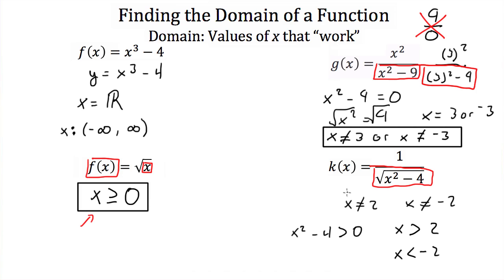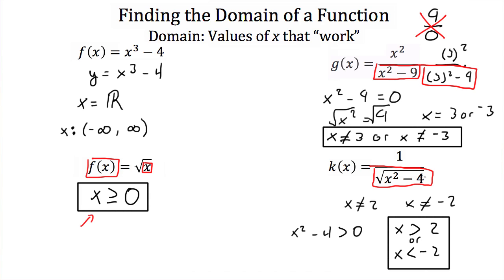Now we already know it cannot equal 2 and it cannot equal negative 2, so these inequalities do not get an equal sign with them. And I would say that my domain then is that x has to be greater than 2 or x has to be less than negative 2.